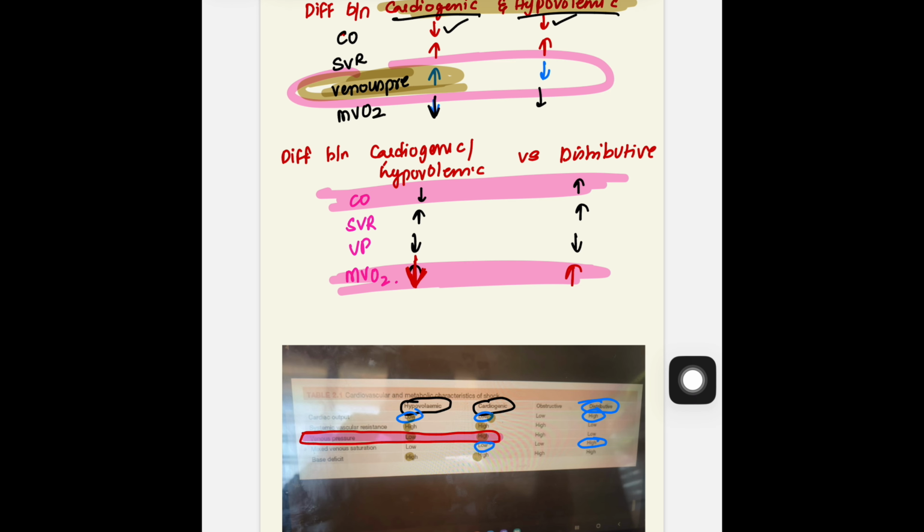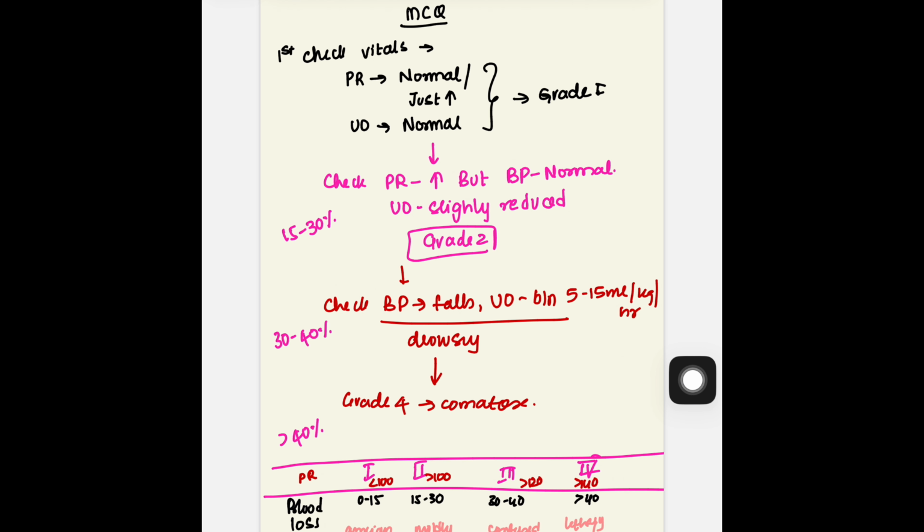The systemic vascular resistance is also a differentiating factor. What happens? Vasodilatation happens. So the resistance falls. SVR falls. Okay. Cardiac output, systemic vascular resistance, and mixed venous oxygen saturation are differentiating factors. Yes. And some MCQs, they will ask about this.